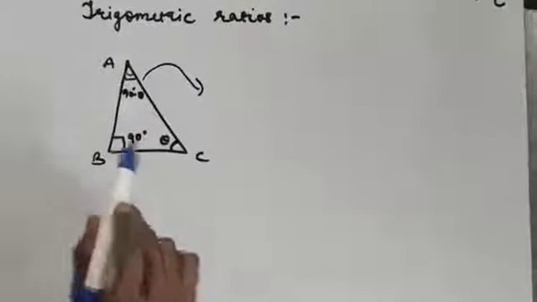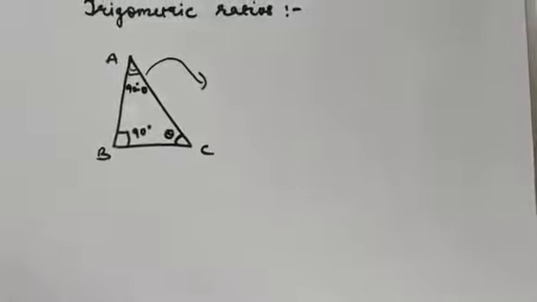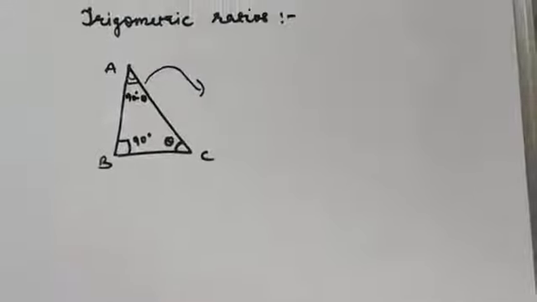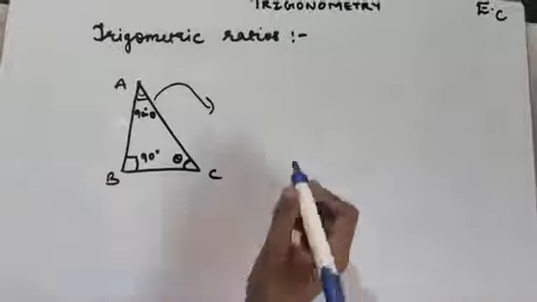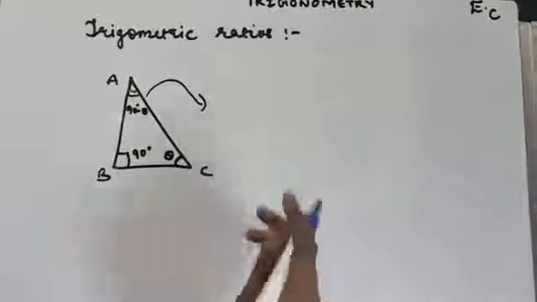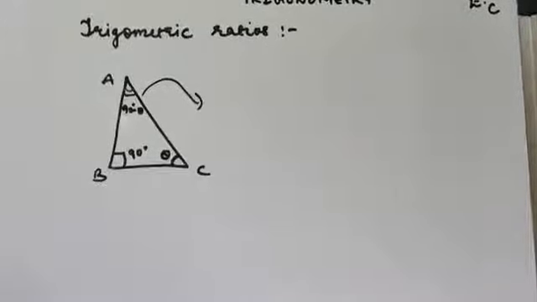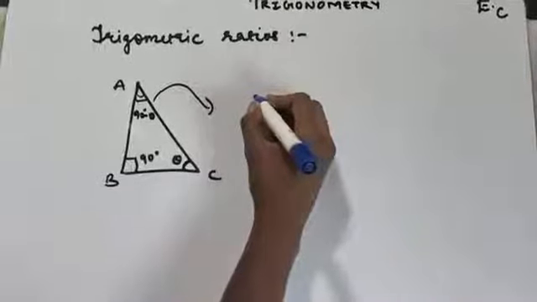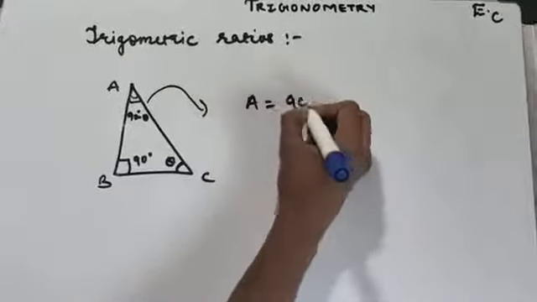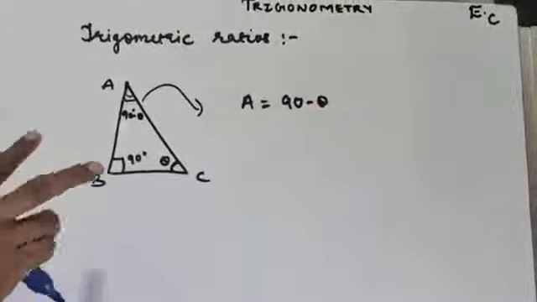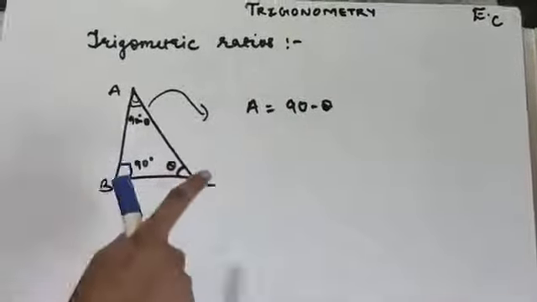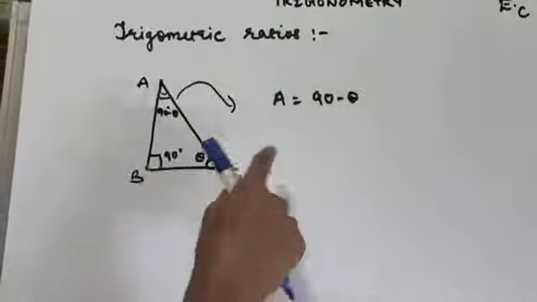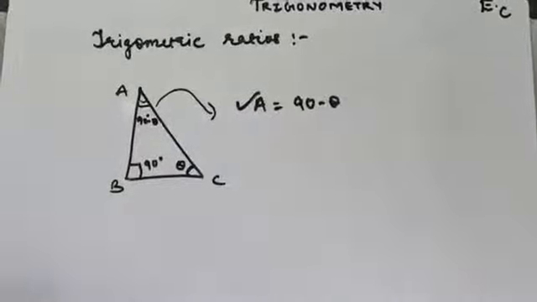Because the sum of angles of a triangle is equal to 180 degree, and since B is equal to 90 degree, and we have considered angle C as theta, so angle A will be 90 degree minus theta, because the sum of angle A plus angle C should be 90 degree, and since angle C is theta, so A will be 90 degree minus theta.